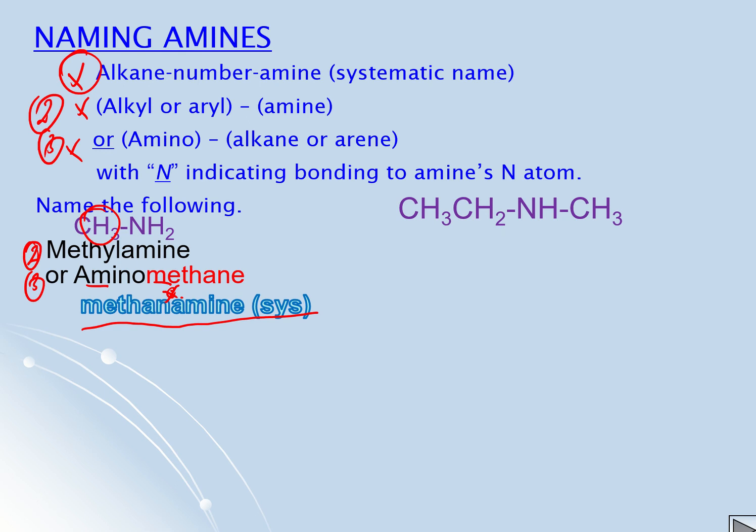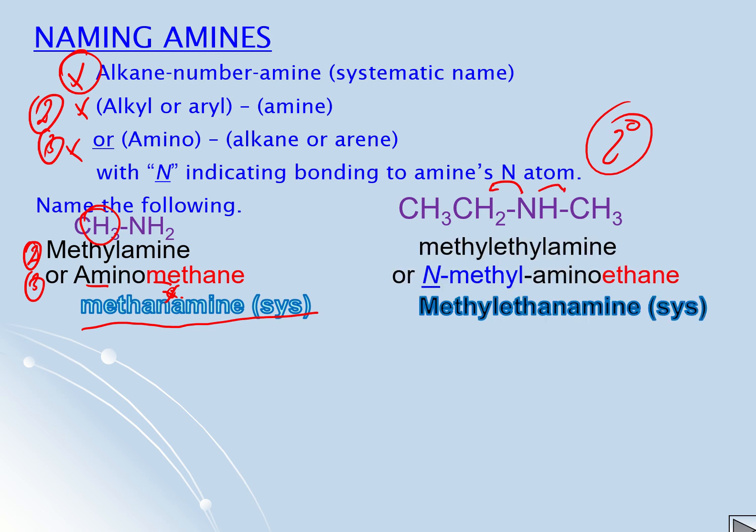Let's have a look at this one. This one's slightly different now. You can see simply that it's a secondary one. There are 1, 2 carbons on the nitrogen. So this one is called, if I was to go via number 2 up above, methylethylamine. So the methyl group here is attached to what was originally ethylamine.